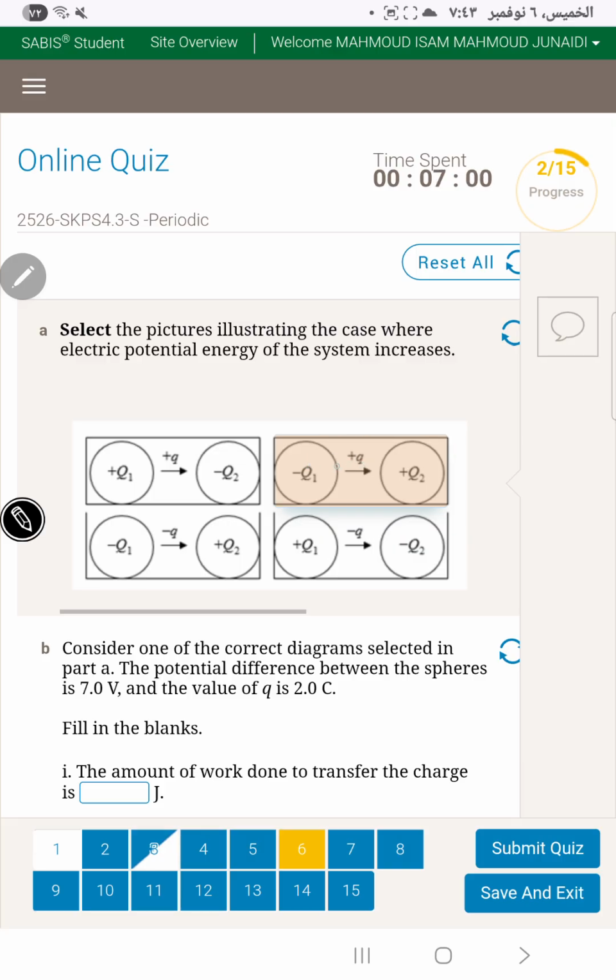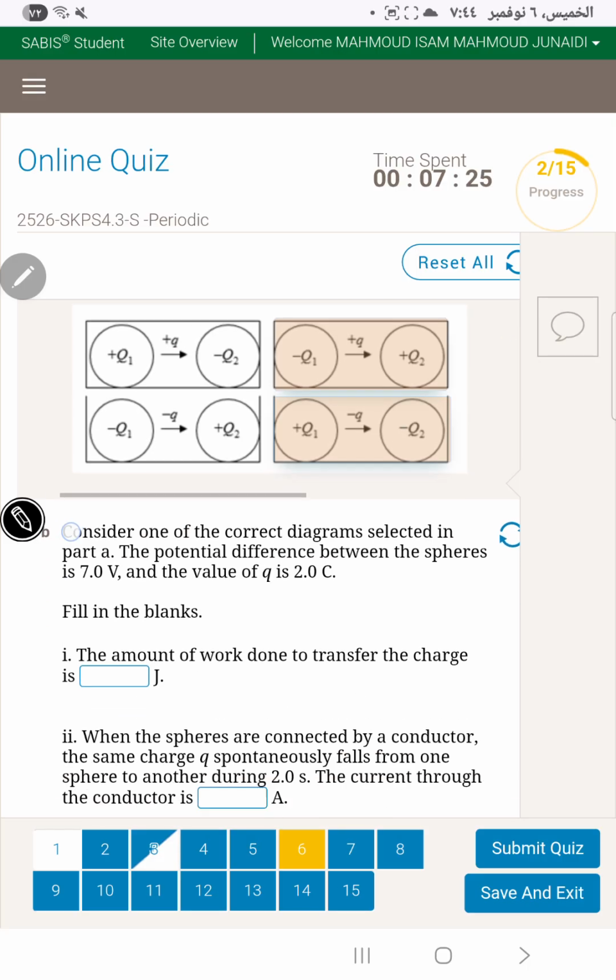So the electric potential difference will increase, so energy will increase. Also, when you take negative from this to give it to this, the negative on the right hand will increase, the positive on the left will increase, like this energy will increase.